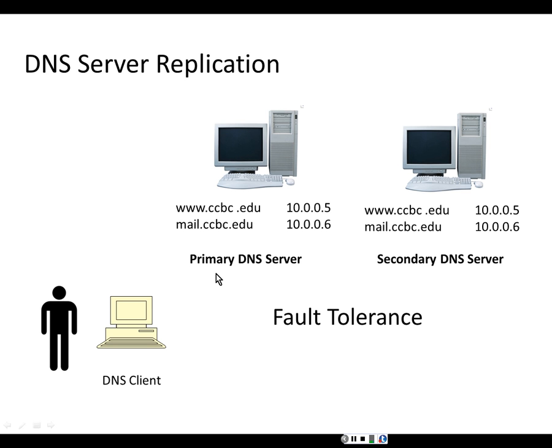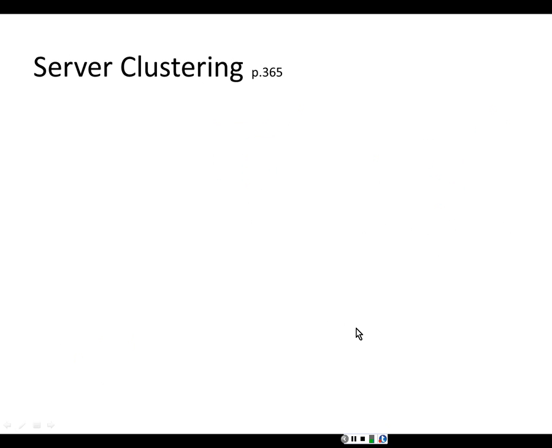So not only do we have a primary DNS server, but we typically have a secondary DNS server, which is identical to the primary DNS server. And every 15 minutes, the primary DNS server replicates all of its host records to the secondary DNS server. So if the primary DNS server crashes, that's okay. The secondary DNS server is right there. This is an example of fault tolerance.